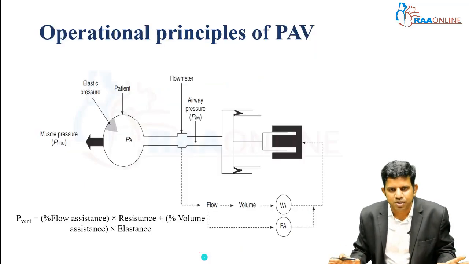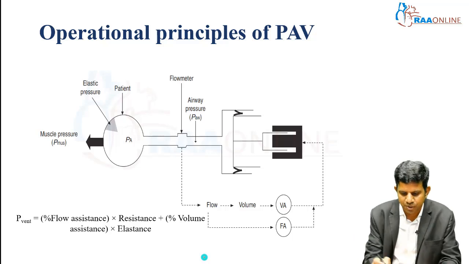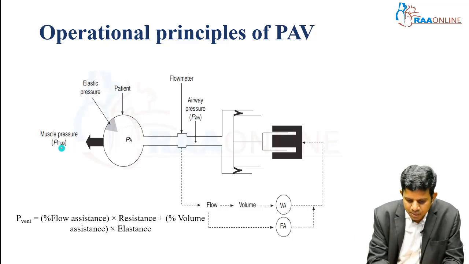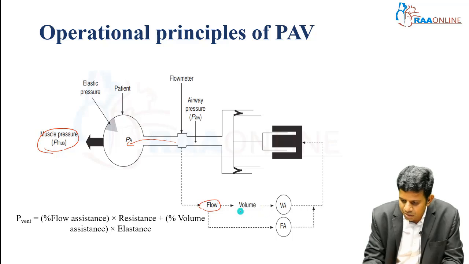So, how does it work? For example, the patient takes a spontaneous effort. There is some pressure drop in the patient's lung, so some flow will go to the patient's lung. The ventilator will assess that flow and the volume.